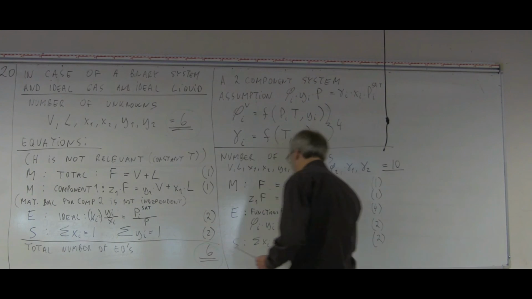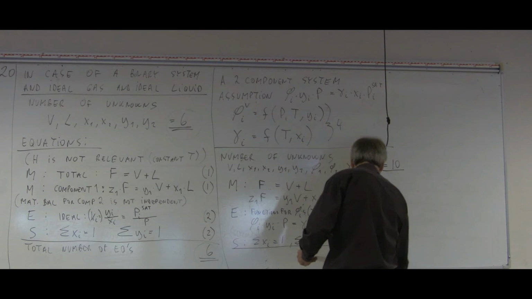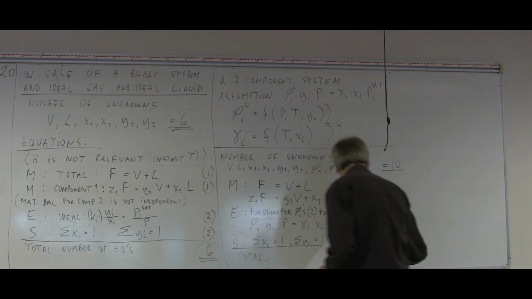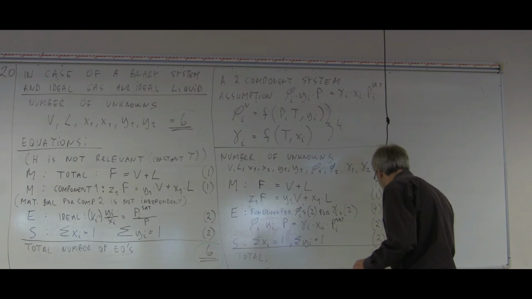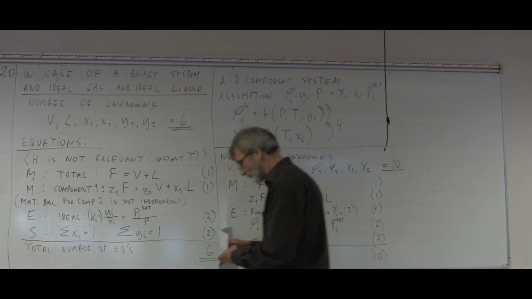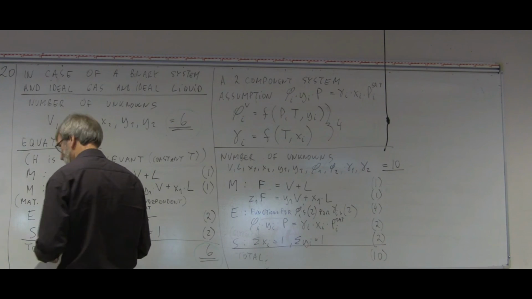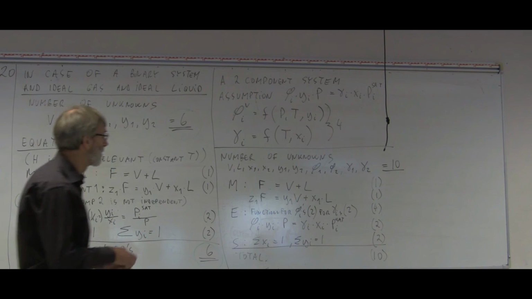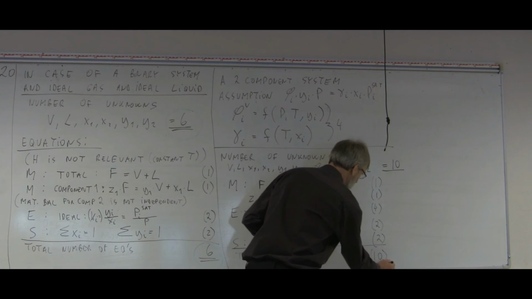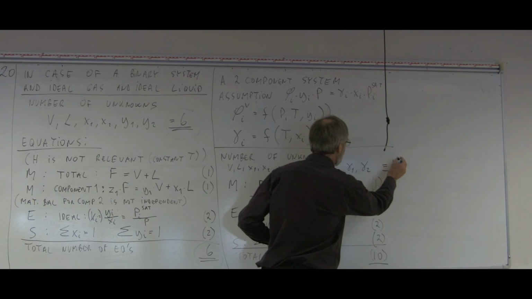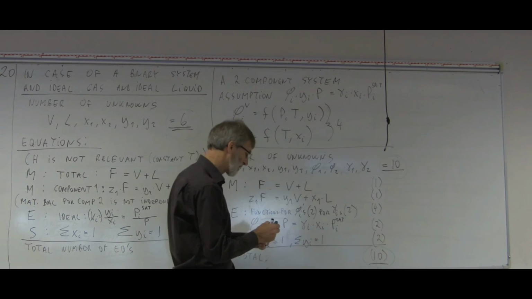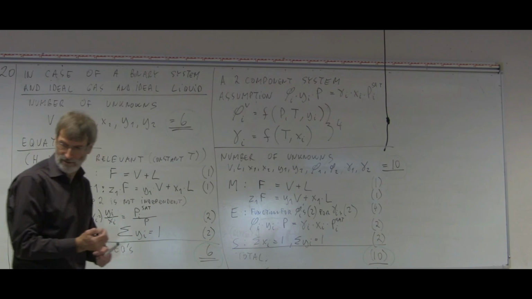Then we have 2 equations, and that gives a total of 10 equations. And then we have 10 unknowns, and we have 10 independent equations to calculate that.